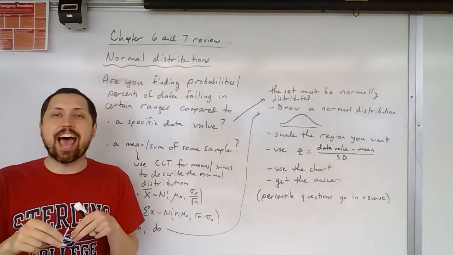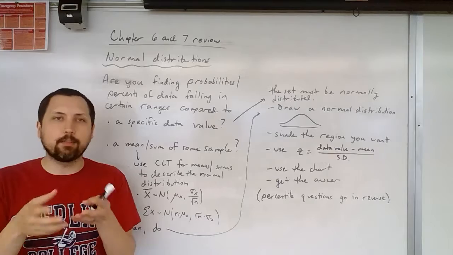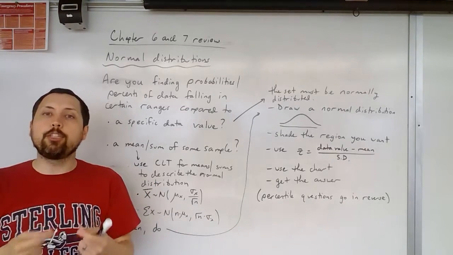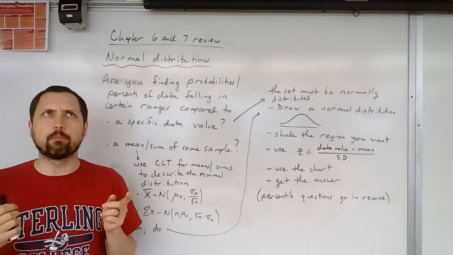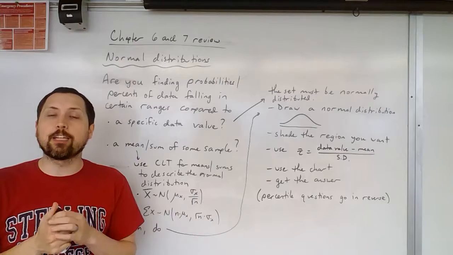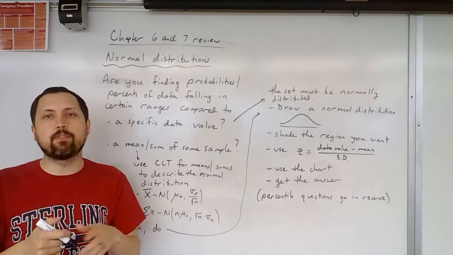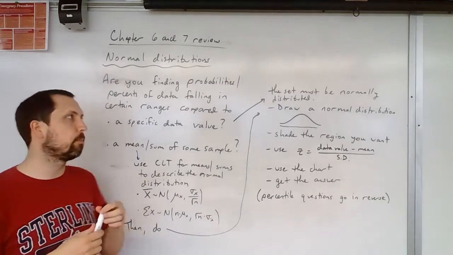If I instead asked what is the probability that a sample of 9 people would be larger than 80, then you should be thinking the central limit theorem for means, or sums, whatever. Because you're asking about a sample and either a mean or a sum of a sample set of data, you want to use the central limit theorem.